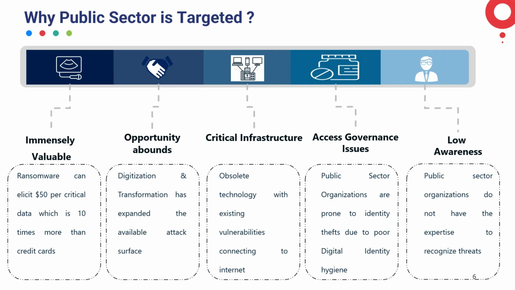If you really look at it, the availability of personal data in the public sector, be it at the county level, is significantly high. What happens is, if hackers are able to get your personal data and sell it on the dark web, they typically get up to $50, depending upon the nature of the data. So definitely, money is a key motivating factor here.